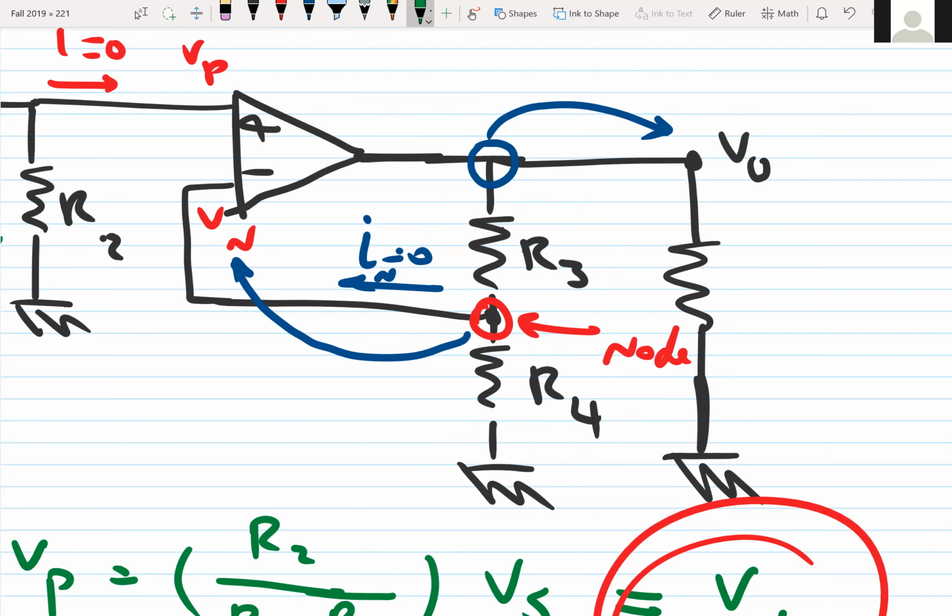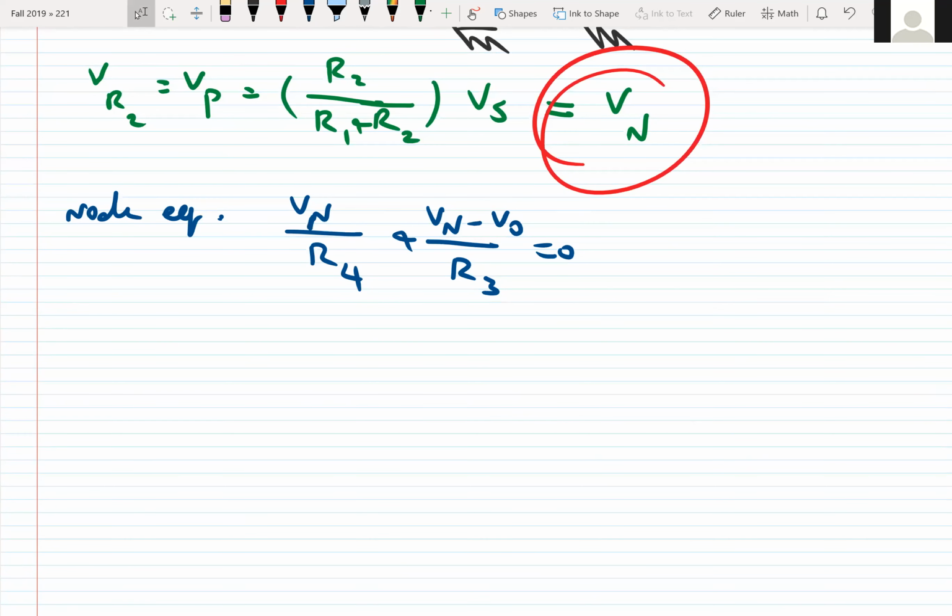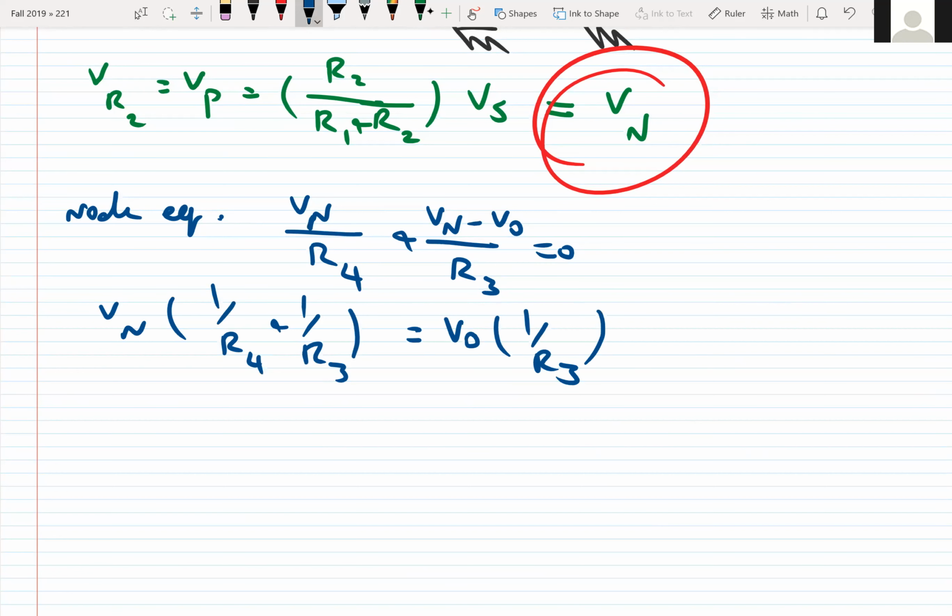So we reach this point, and we have the values of Vn and Vo. Let's factor out Vn times 1 over R4 plus 1 over R3, which is equal to Vo times 1 over R3.